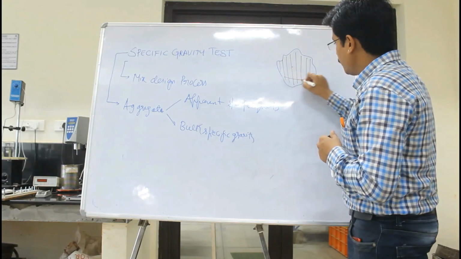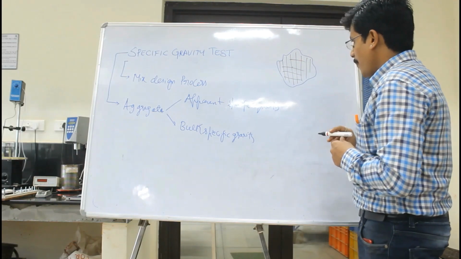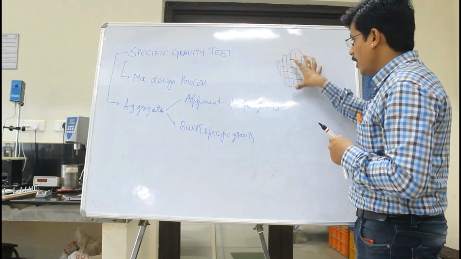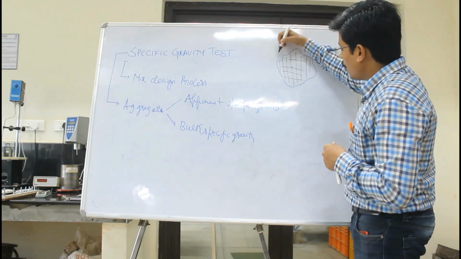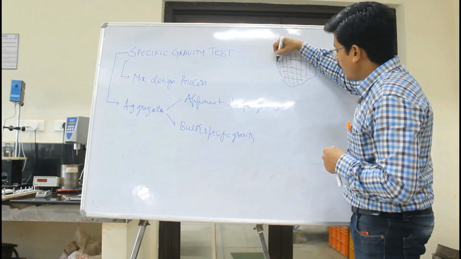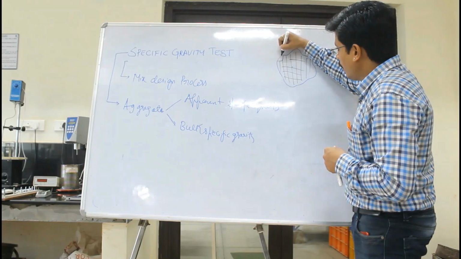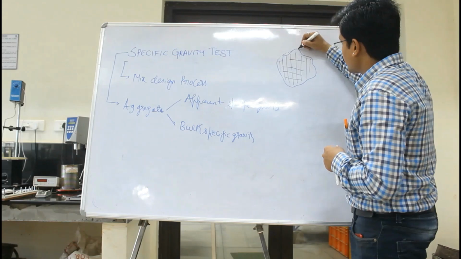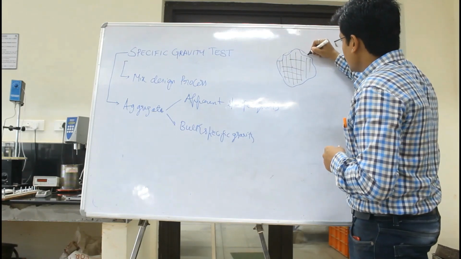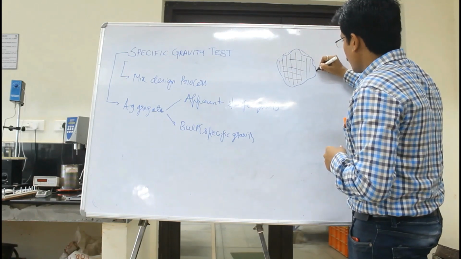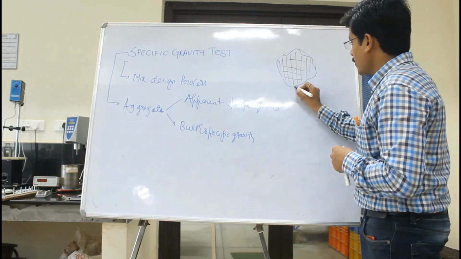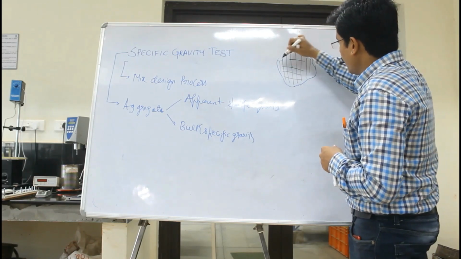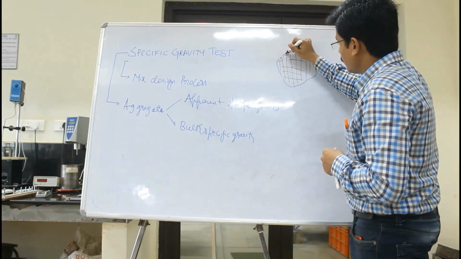This is basically the solid portion of the aggregate. Now you want to find the bulk volume of it. So you dip it in water, and at these irregularities, the water can get filled.